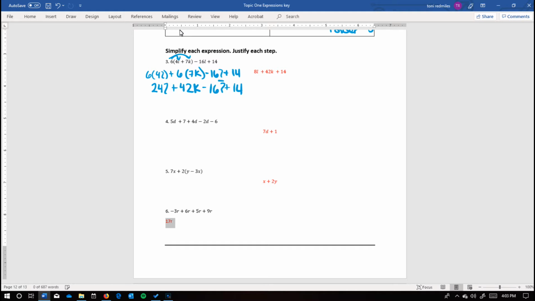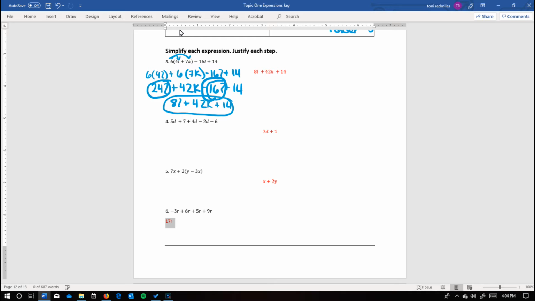Get my like terms, my L here, which I need that negative to, and this positive is going to give me 8L because I have to subtract them because of this subtraction. Can't do anything else because there's no more like terms, so I just stop right there.